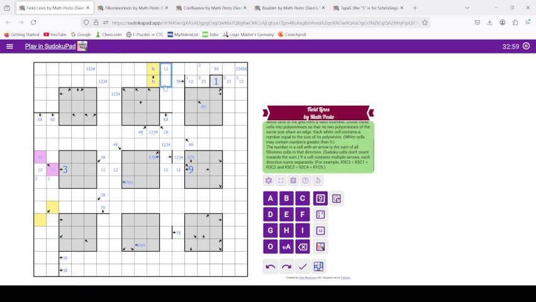Can this ever be a 2? If that were a 2, that'd be a 7. 1, 2, 2, 1. Seven as well. 2 would have to go here.